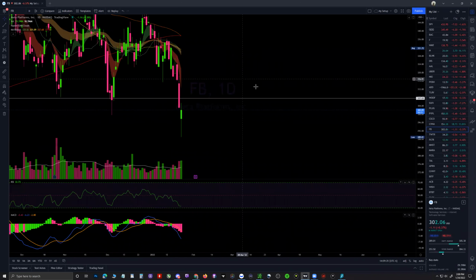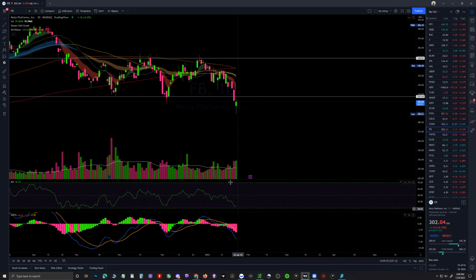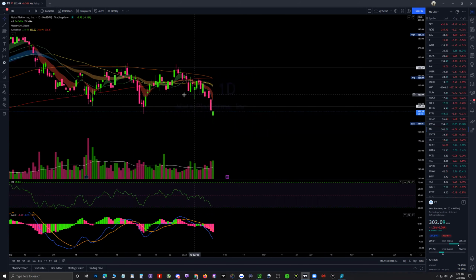Facebook, oversold. Like I was saying, I'm worried about a dead cat bounce. That's the only thing I'm worried about, because with all these stocks in such a downtrend, and then all of a sudden you get one little bump, I mean, that's a dead cat bounce if I ever seen one.